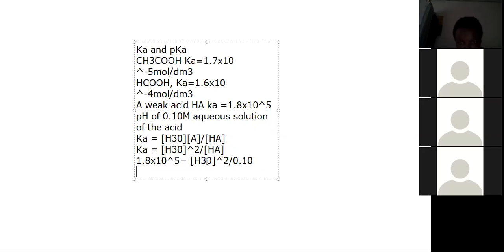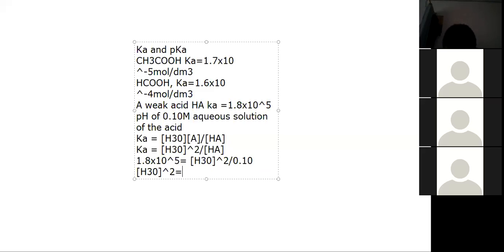So given this, we want to find the concentration of H3O plus. And so we can multiply this by this. So H3O plus squared should be equal to 1.8 times 10 to the power minus 5 times 0.10. What are you getting?